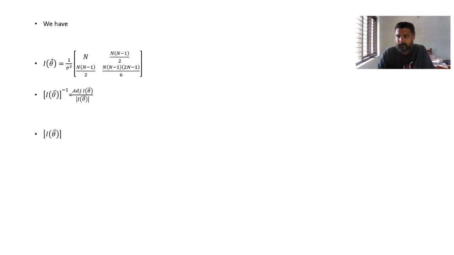So that is nothing but sigma square times: 2 into 2n minus 1 by n into n plus 1, minus 6 by n into n plus 1, minus 6 by n into n plus 1, 12 by n into n square minus 1.